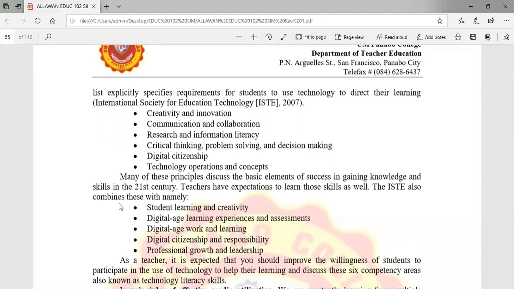A lot of research is posted on Google, and the information literate individual or student would receive this from the internet. Number four is critical thinking, problem solving, and decision making. So in short, the mental ability of a student would really improve in this technological world. Also, the digital citizenship. This digital world would also engage other nations or citizens, those netizens.